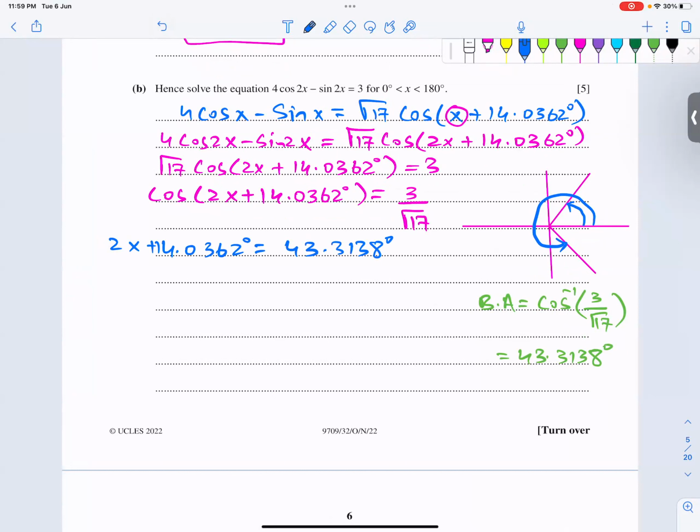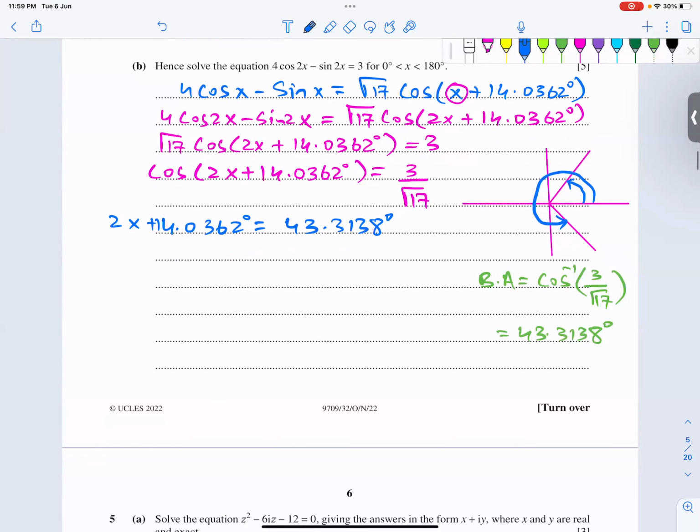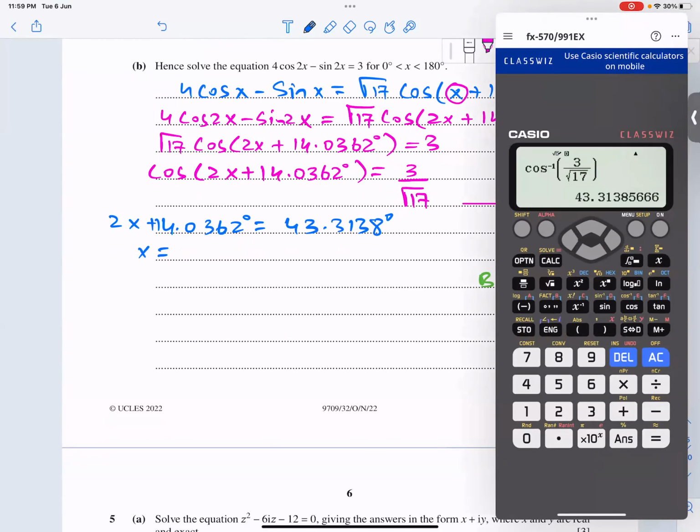You cannot deal 100% with periods. So this is another method. You can try all the answers and at the end you can see which answer lies in your required domain. So solve this equation for x. So this will be minus 14.0362, divided by 2 to get the x.